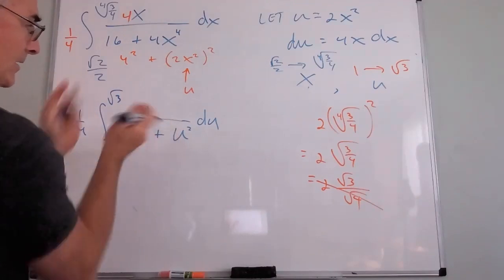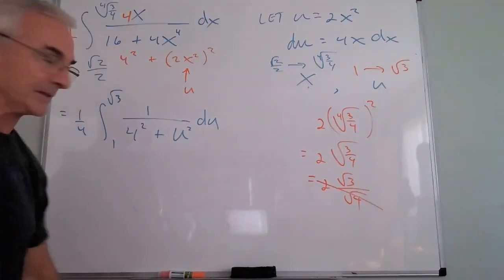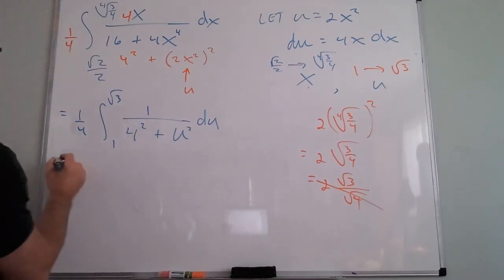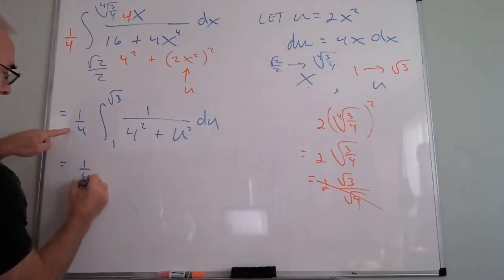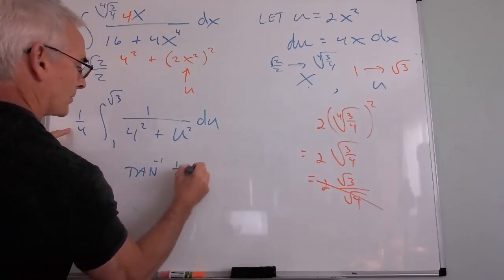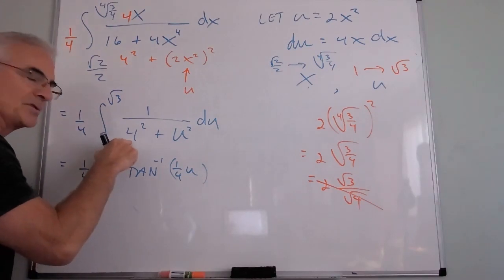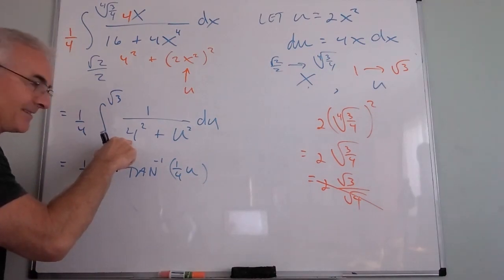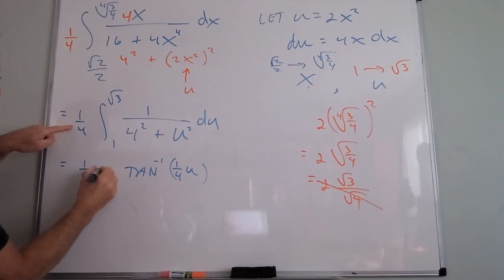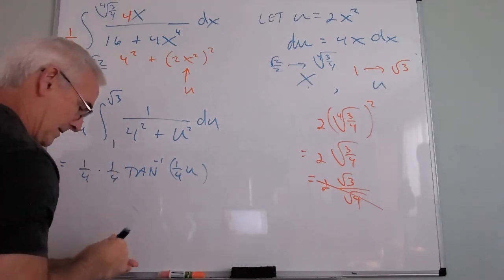What does this look like? Inverse tan? Inverse tan. Perfect. Now I have a 1/4, I have inverse tan 1/4 u. This guy shows up again or not? Yeah, you need the inverse a. Shows up right here. I'm going to put a little arrow.